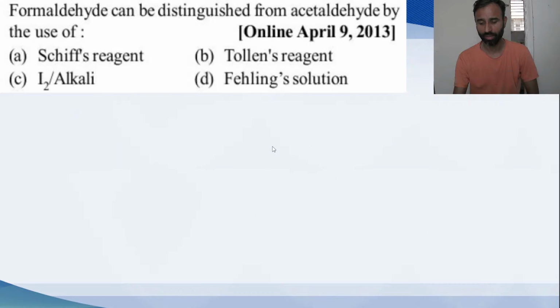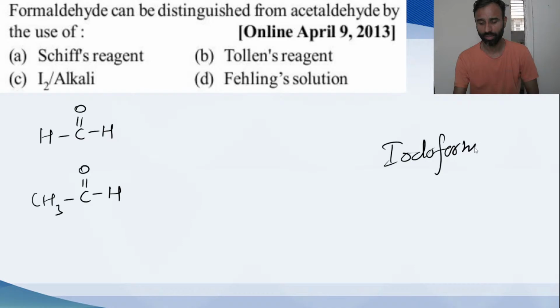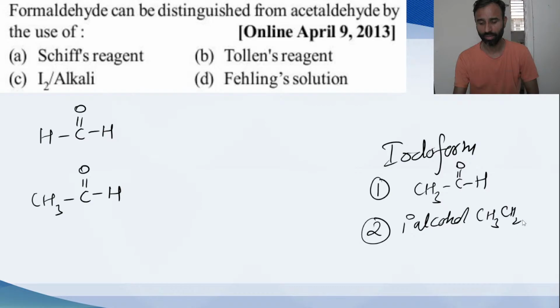Formaldehyde can be distinguished from acetaldehyde. The iodoform test is given by, among aldehydes, only CH3CHO, acetaldehyde. Among primary alcohols, only one will give the iodoform test, and that is ethyl alcohol.